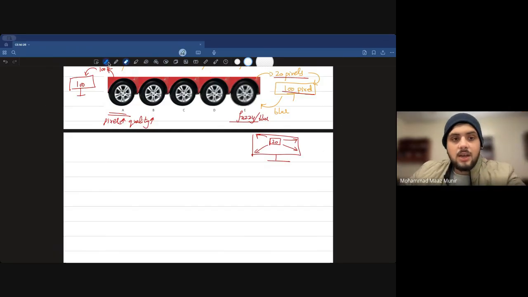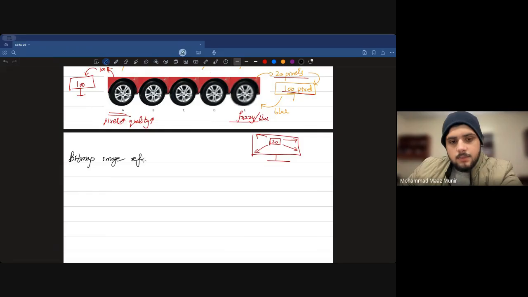So if ever in the exam they ask you to define bitmap image, you just need to know this: a bitmap image refers to an image created through pixels. Now you might be wondering, sir, what do you mean? Do we have another sort of image that is not made of pixels?